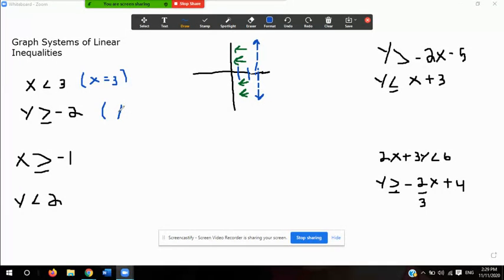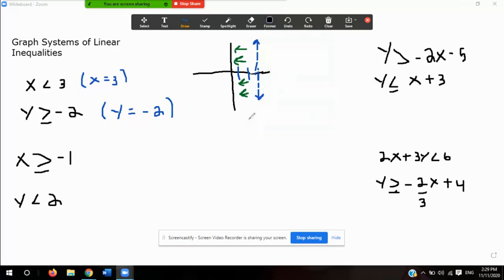The reason I'm going to change it into y equals negative 2 is because I already know how to graph a function when y equals negative 2, because we talked about this when we were working with linear functions way back when in, I believe, chapter 1.